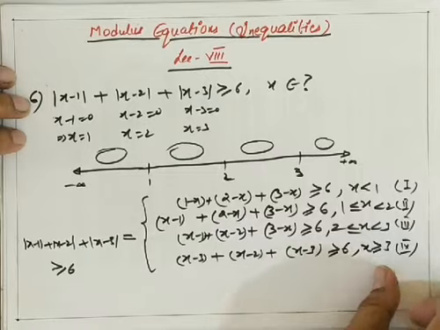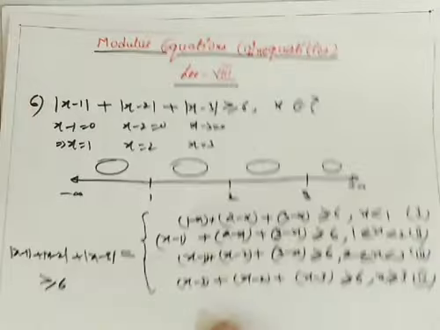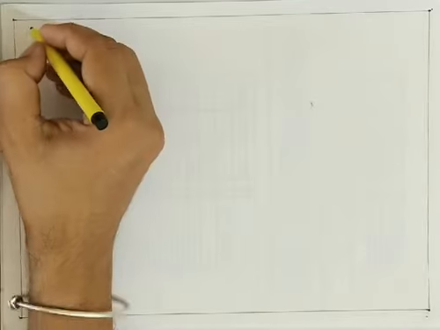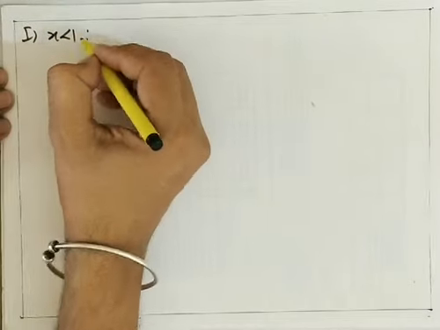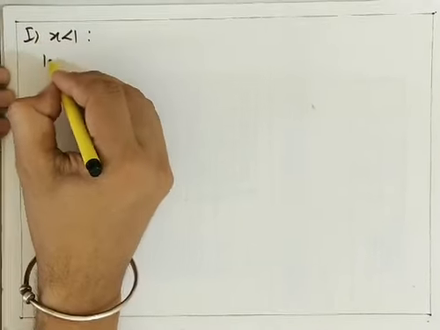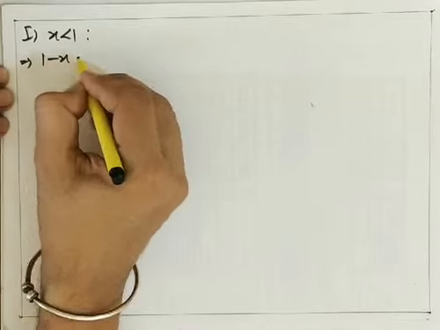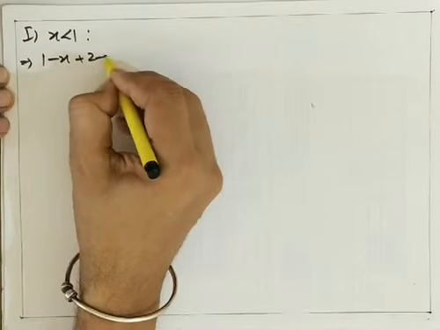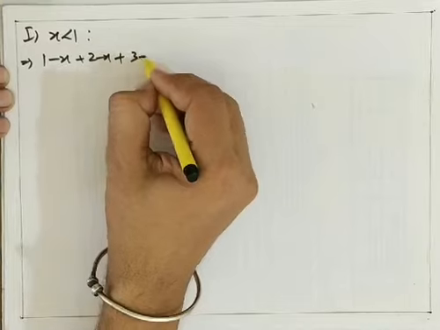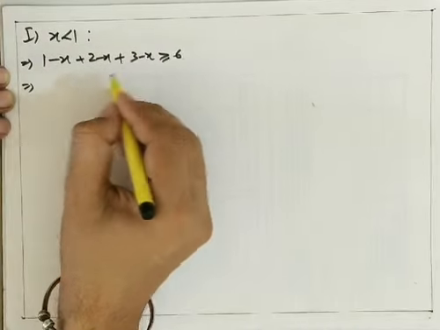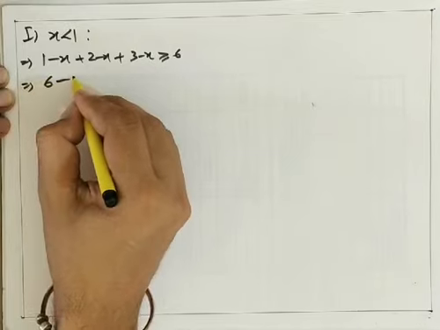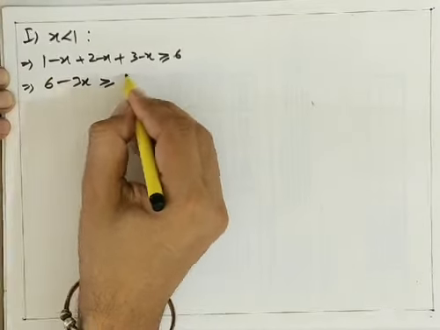We will take case 1 first, x less than 1. This was case 1, x is less than 1. So in this case the inequality was 1 minus x plus 2 minus x plus 3 minus x should be greater than or equal to 6. So that means 6 minus 3x should be greater than or equal to 6.